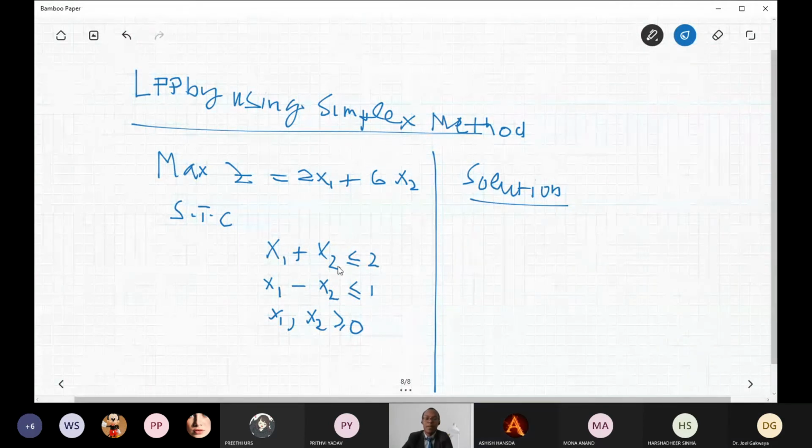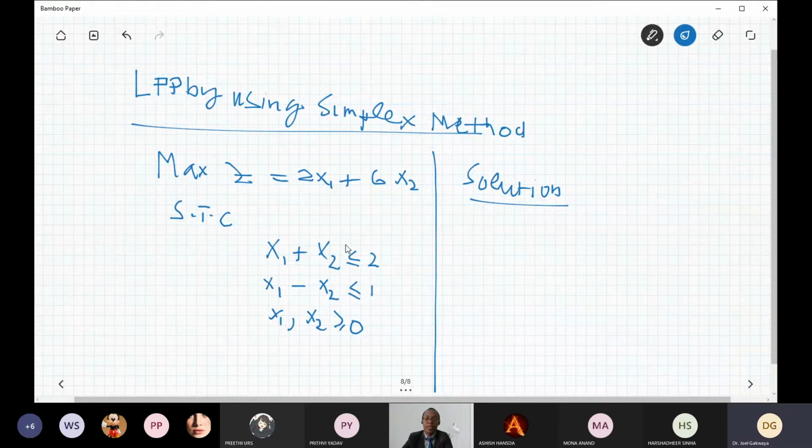Why? Because the signs are lesser than. If the sign was greater than, let me include this one. I'm going to include both, don't be confused. I want to solve both cases so you can understand.